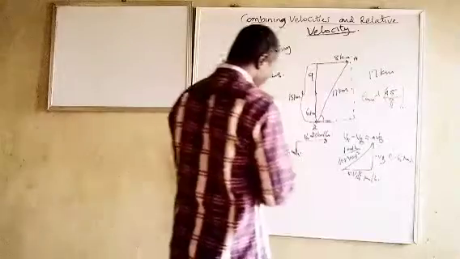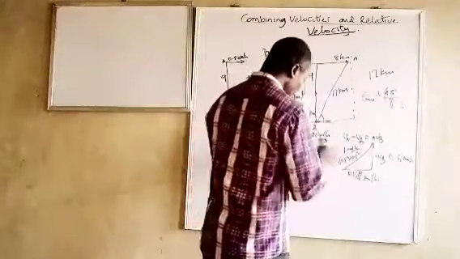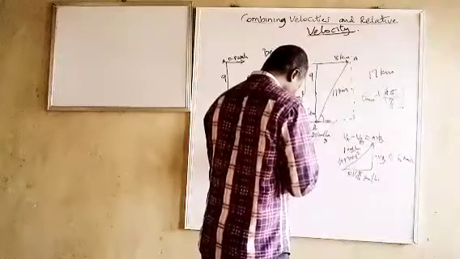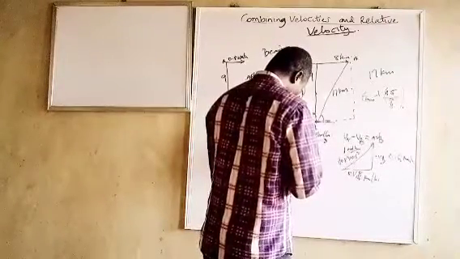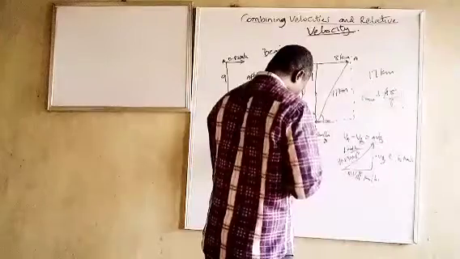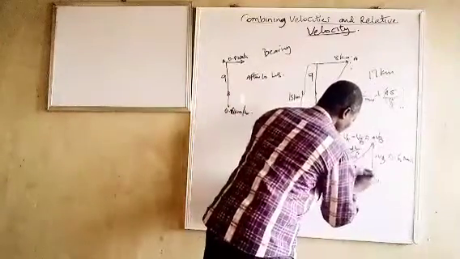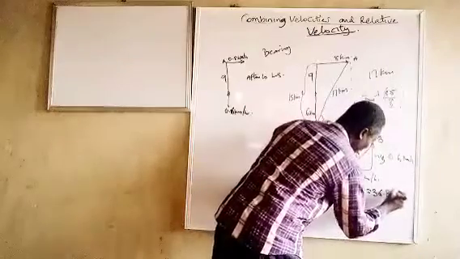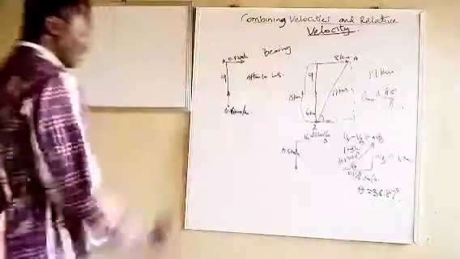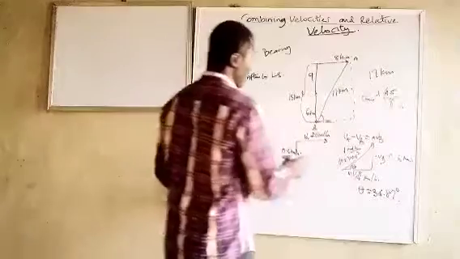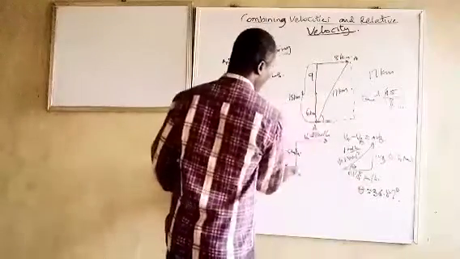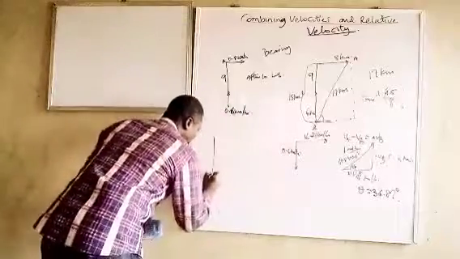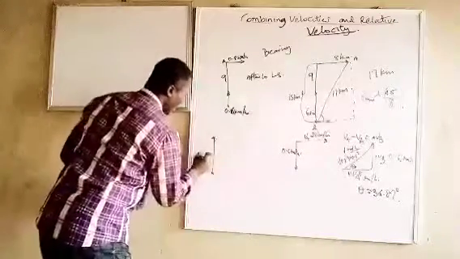What is the direction? Let's see the direction. The direction is arctan, so the direction is equal to 36.87 degrees. Now, we can calculate the distance from B. Initially, the distance was 9.